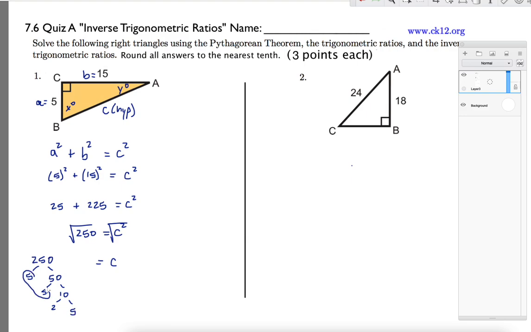I have one pair of 5s, so a 5 comes out, and the 2 and the 5 stay in, so I multiply them together and get root 10. Okay, so I've got C.